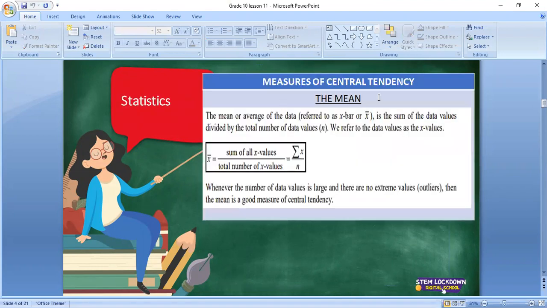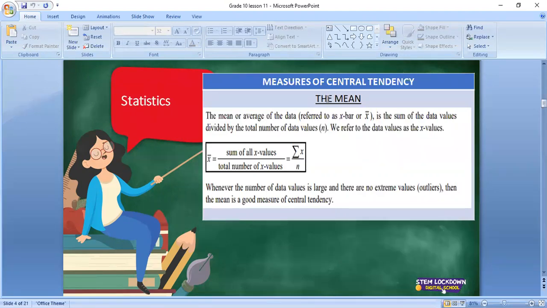So we say measures of central tendency, the mean or average of the data. Usually in mathematics, we say the mean refers to the average. When you say average, we'll be referring strictly to the mean, but that is not always the case.